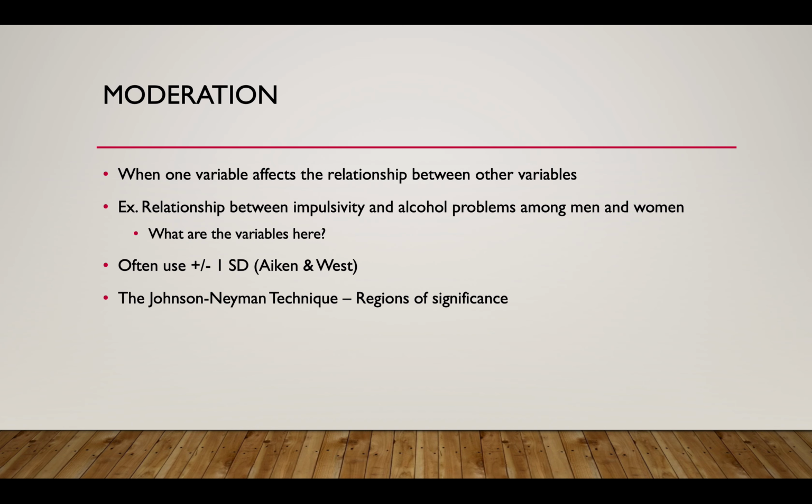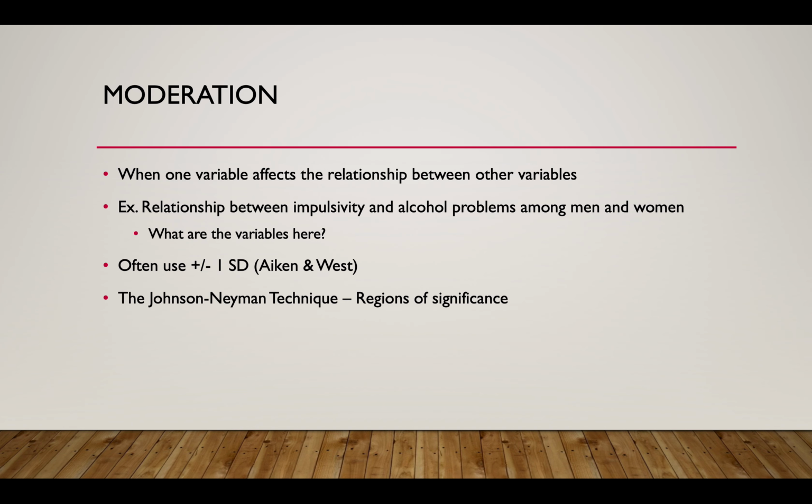You're looking at the association between impulsivity and alcohol problems and examining the extent to which biological sex changes that relationship. And so moderation is always when some variable changes the relationship between two other variables. In class in the past, I've called this the volume knob effect, right? One variable is able to turn up the volume or turn down the volume on the relationship between two other variables.